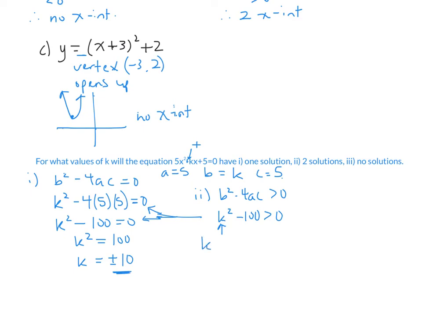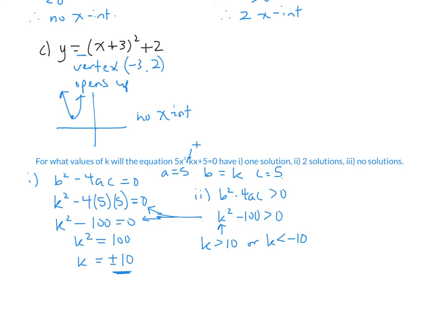If my k was bigger than positive 10, positive 10 squared gives me 100, take away 100 gave me 0. If I go to 11, for example, 11 squared would be 121. 121 minus 100 would give me an answer bigger than 0. Or if I took a value of k that was less than negative 10, like negative 11, negative 11 squared would give me 121, which would keep that discriminant greater than 0.